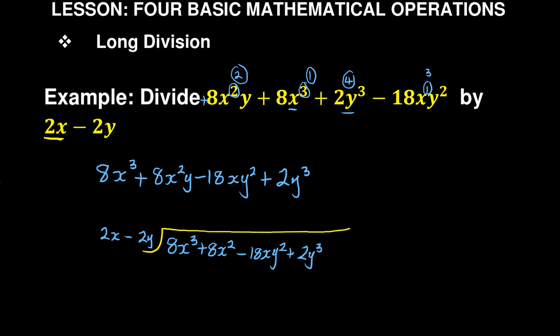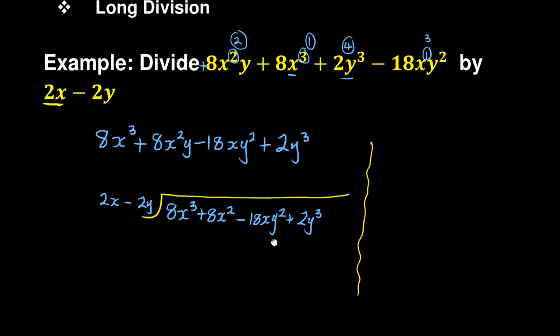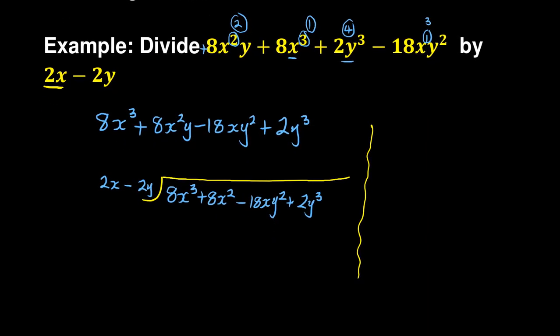So now how do I go about this? I'll be showing you the way in which this is done in terms of the long division. It is not a complicated method, but you just need to follow a few steps.